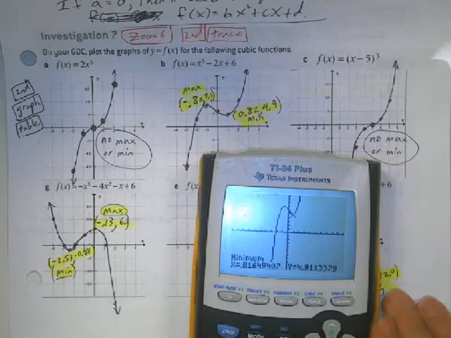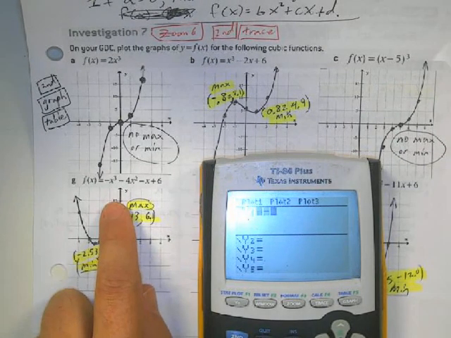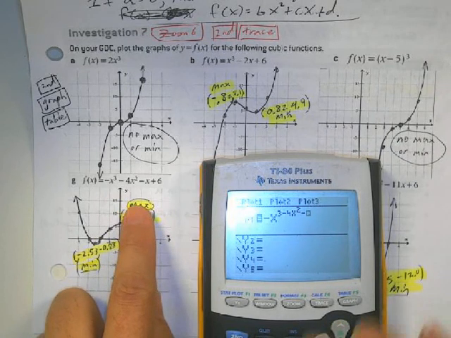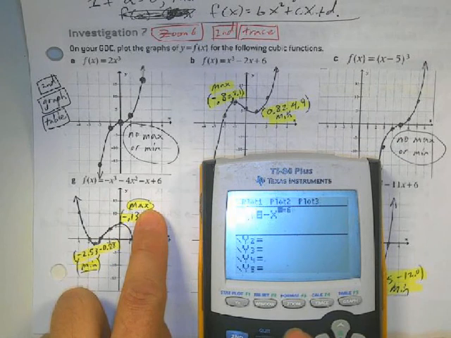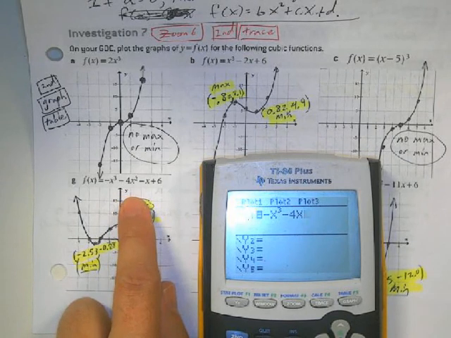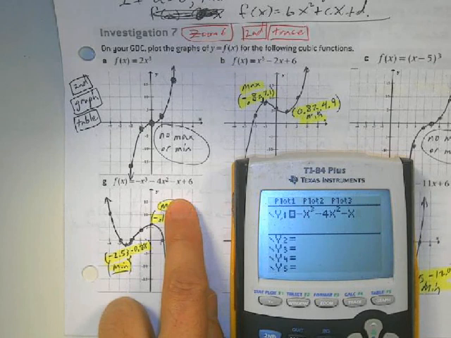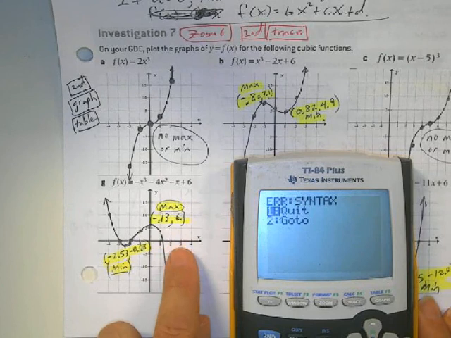When you type it in, a lot of people typed in x cubed minus 4x squared minus x plus 6, and then they hit enter, and it went, oh my gosh, syntax error.